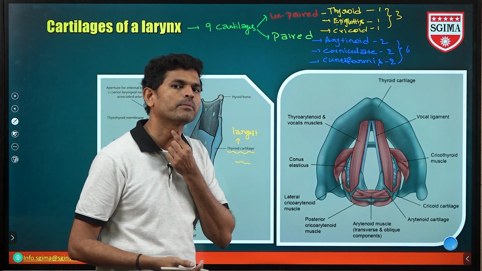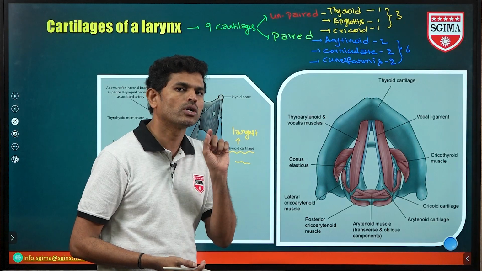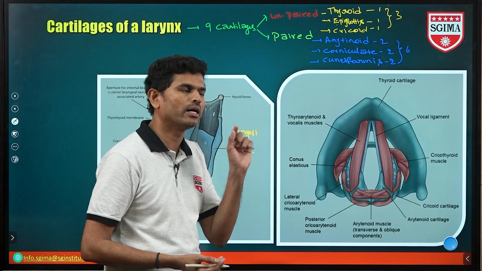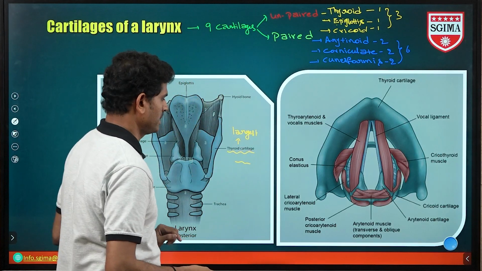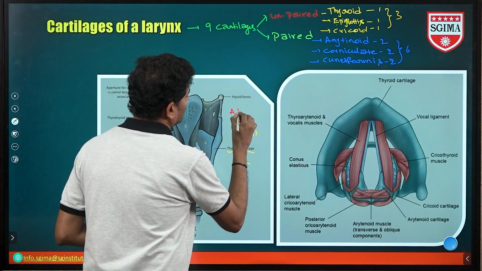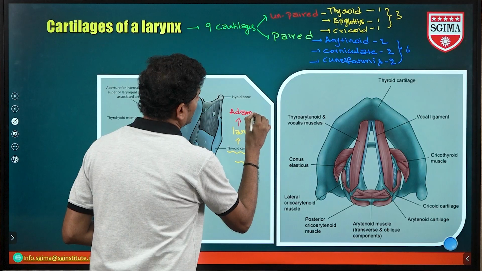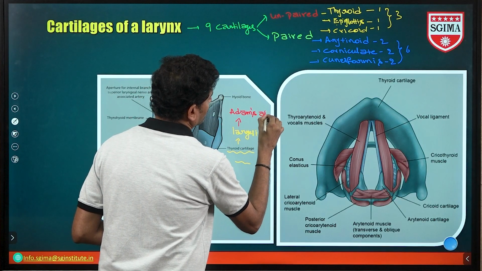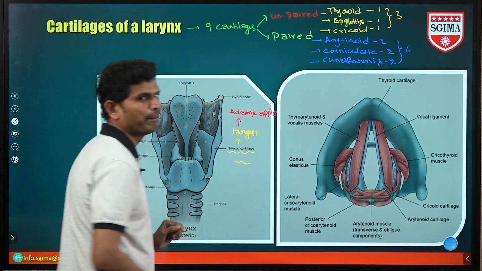A small bulged portion will be present, that is called Adam's apple.